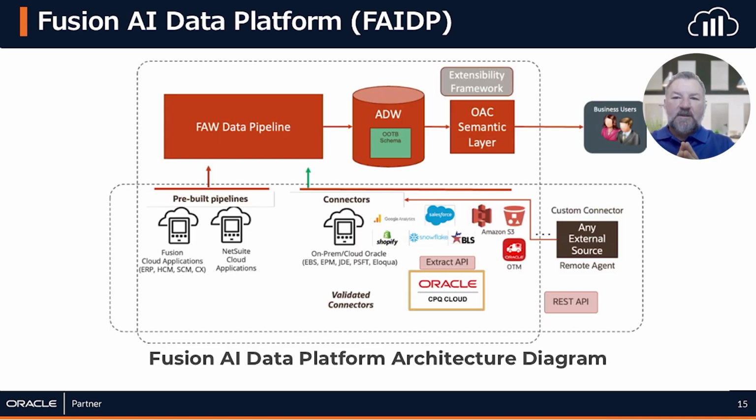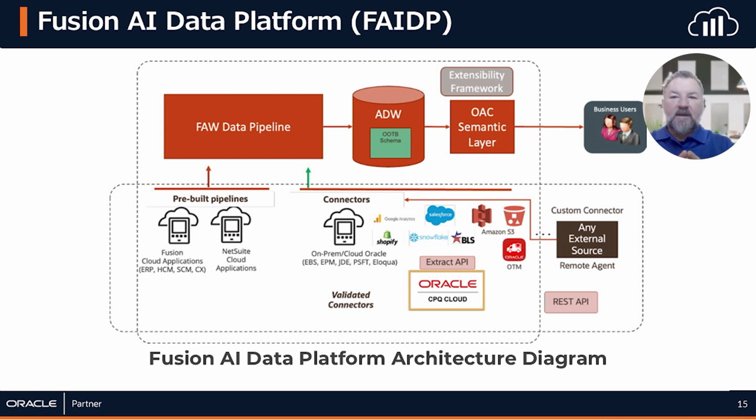So when we look at Fusion AI Data Platform, again, it's pre-built for Fusion applications. It consists of a data pipeline, which brings the data over from Fusion applications. When we look at the Fusion AI Data Platform architecture, you can see that it brings data directly from Fusion applications into what's coined the data pipeline.